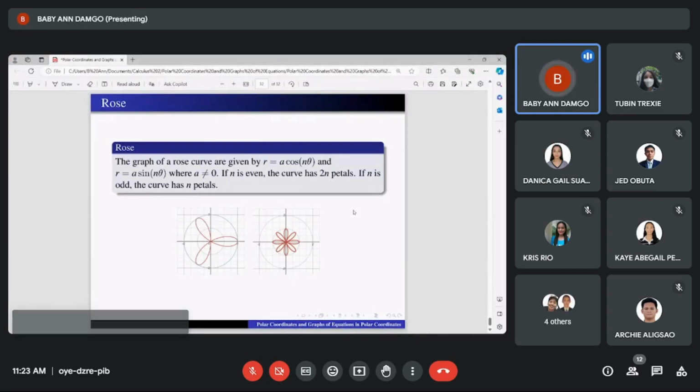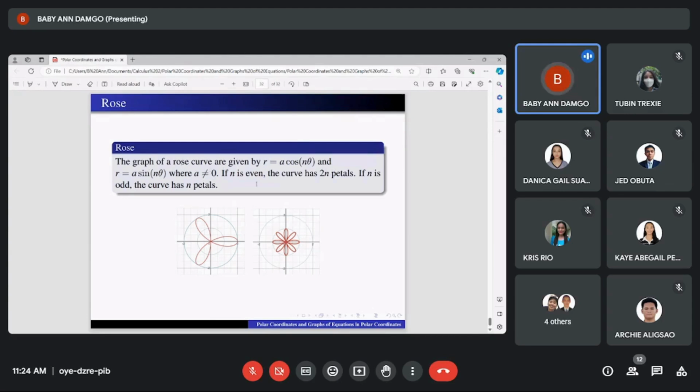Okay, so the last topic, this is rose. Okay, so the graph of a rose curve are given by r equals a cosine n theta, and r is equal to a sine n theta, where a is not equal to 0.